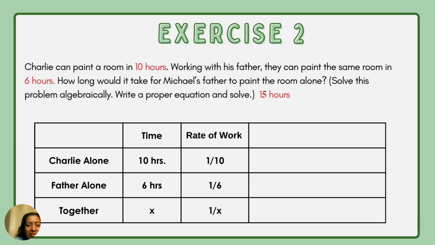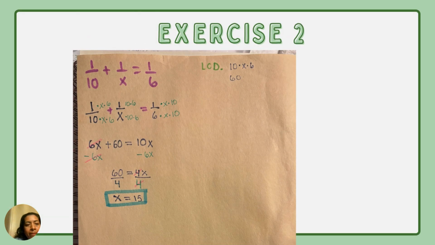My notes are correct, but I switched it. Father alone is the time that we want to know because we know that those two are switched. Together it's 6 hours, and father alone we don't know. That's what we need to find out.